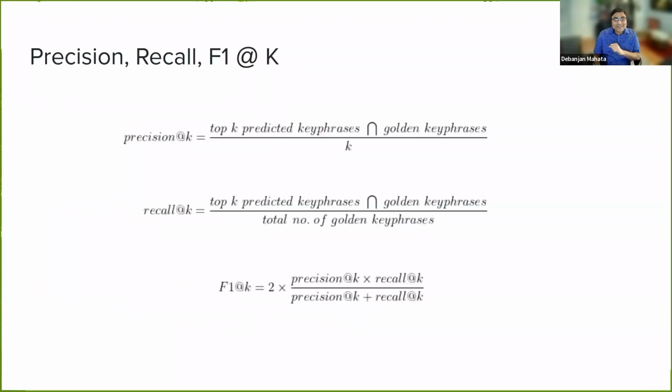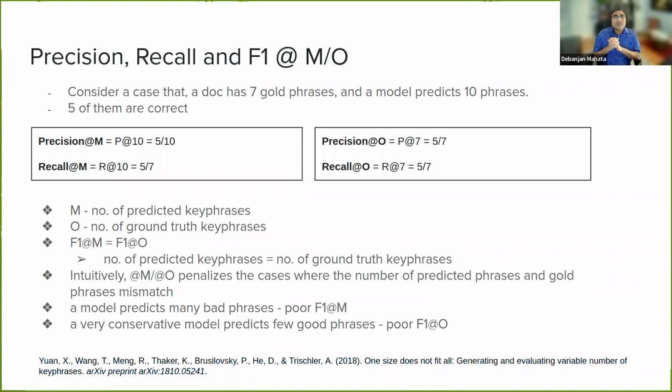Let's quickly understand this. Precision, recall, and F1 at K is very easy: you extract all the key phrases, rank them, take only the top K predicted key phrases, and calculate precision, recall, and F1. But F1 at M and O is more interesting. Consider a document with 7 gold phrases, where a model predicts 10 phrases. M denotes the number of predicted phrases and O denotes the number of ground truth phrases.